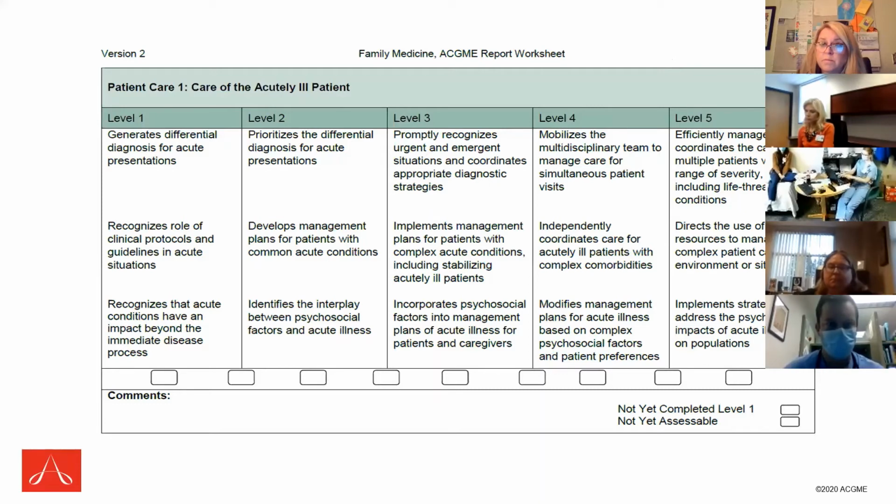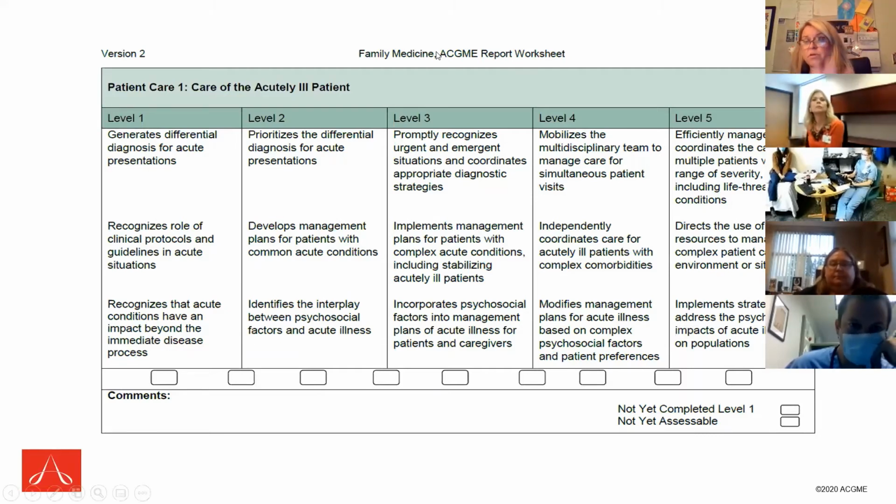I would say most people come in at a level 1, potentially not quite a level 1, because sometimes creating a very good differential diagnosis is difficult for people who have not had a lot of experience working with acutely ill people. And then you can see as it goes from level 2 to level 3 to level 4 to level 5, if you're an expert, which is level 5, remember, they efficiently manage and coordinate the care of multiple patients, including life-threatening conditions.